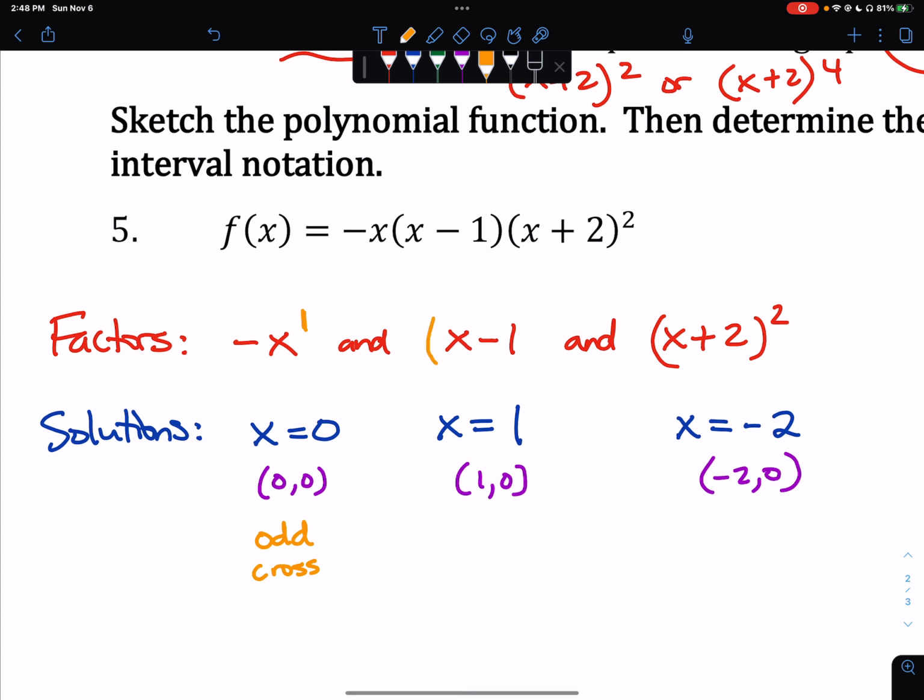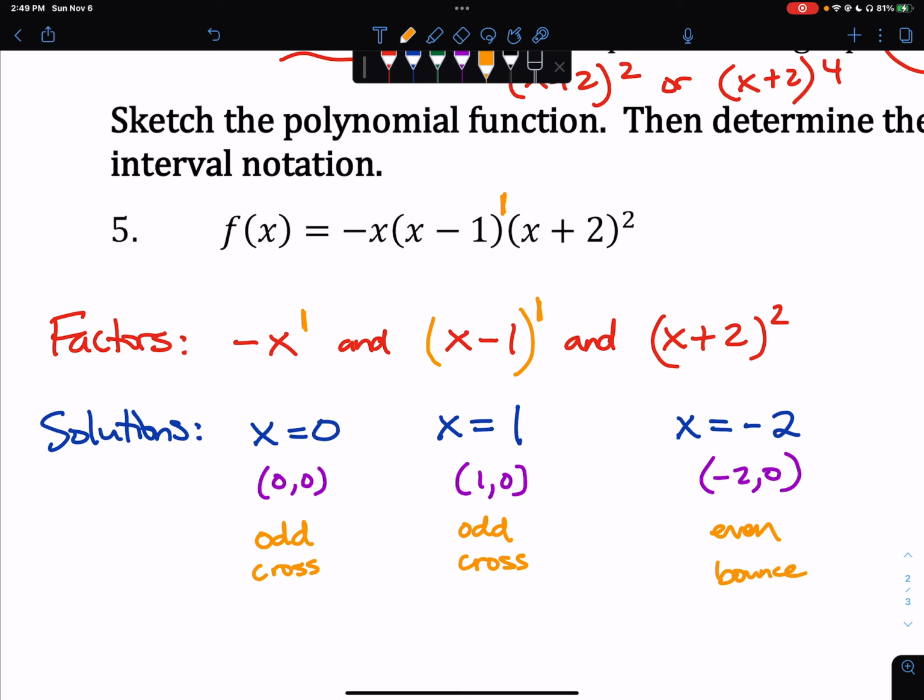In the next one, we can think of this whole thing as being to the first power. Or if we look back up here at the equation, we'll notice that there is no exponent here, so it does have to be a 1. So that will also be odd, which means it will cross. And in the last one, we'll notice this now has an exponent of 2, which means it's even and will bounce.